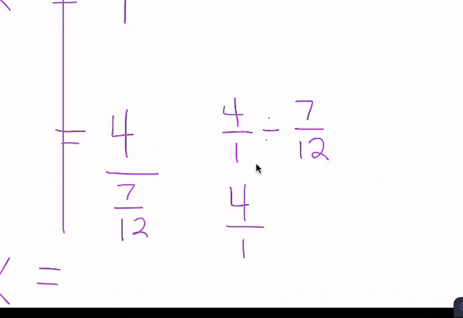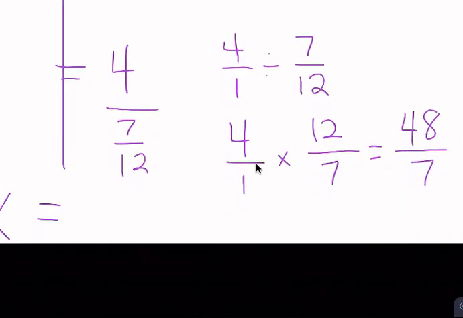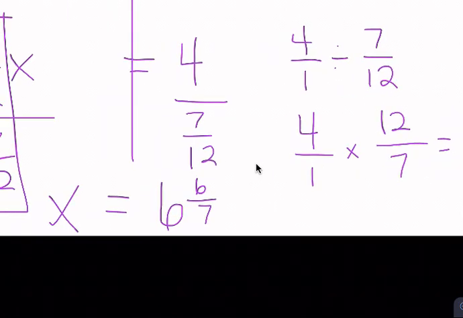I keep, change, flip. And I get 48/7. 7 goes into 48 6 times, 6 times 7 would be 42, and I would have 6/7 left over.